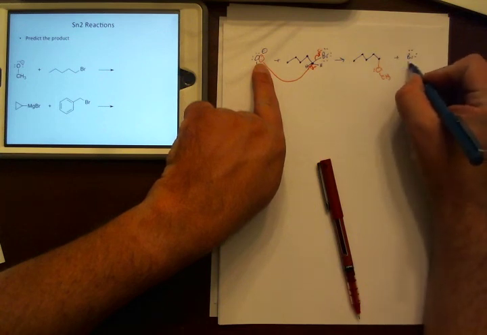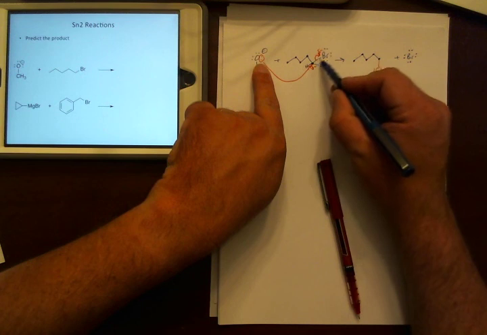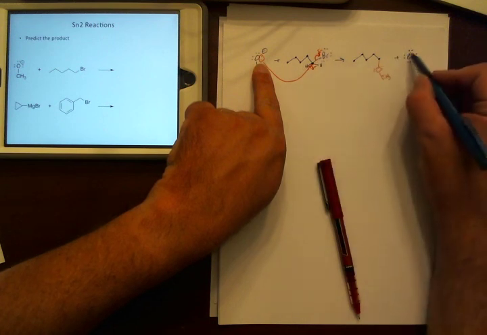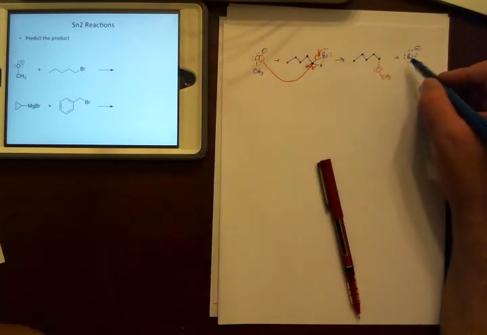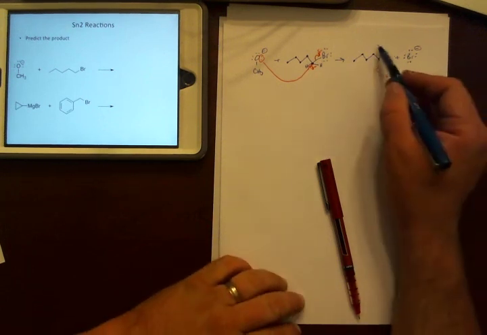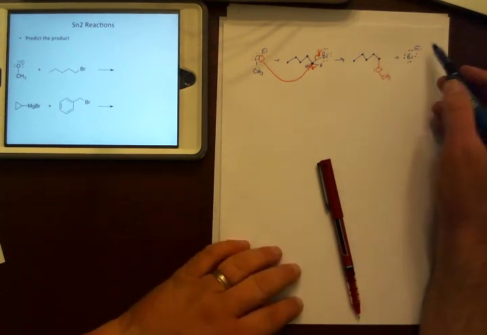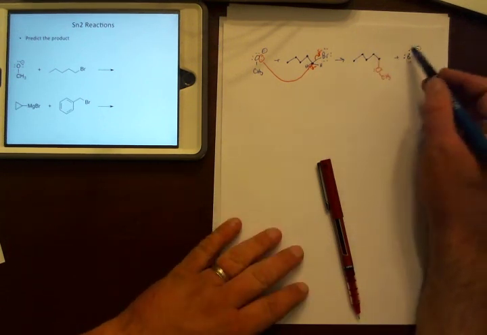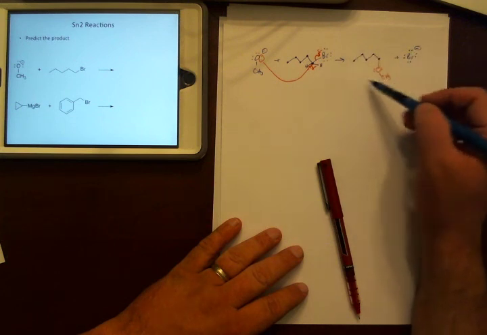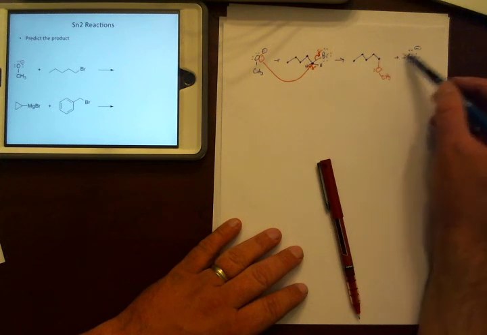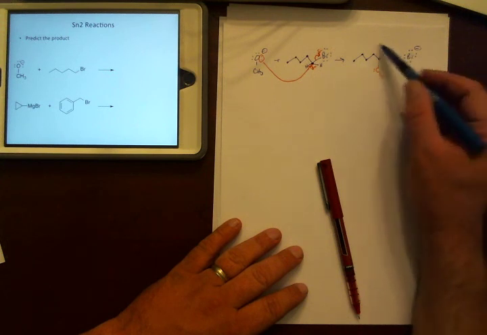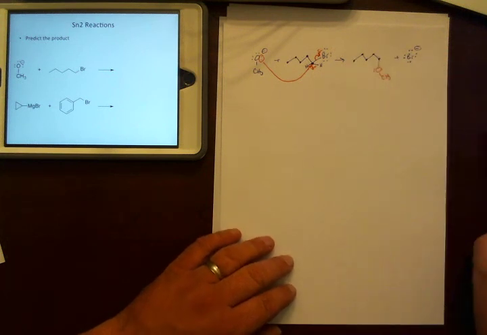That bond there, those 2 electrons, become this 4th set of lone pairs. Some professors you have to show it all. I'm mostly concerned with the organic molecule. If you show this, great, but I'm not going to take points off if you forget to put that in. My concern is the main organic molecule.